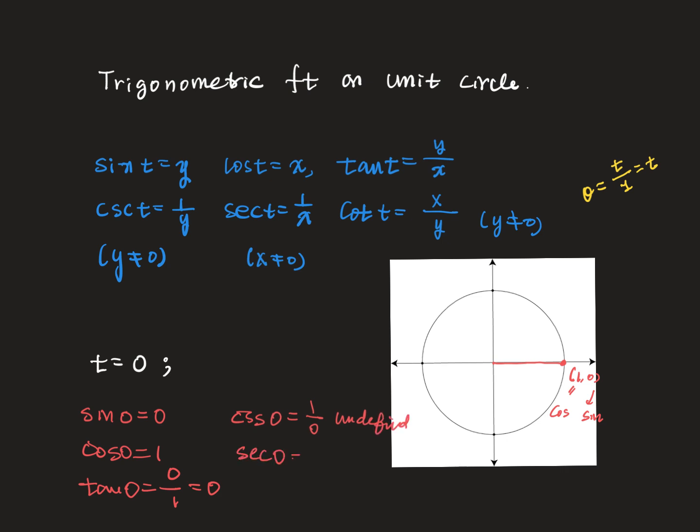Secant 0 is 1 over x, and x is 1, so that's 1. Cotangent 0 is x over y, with x equal to 1 and y equal to 0. The denominator is 0, so this is undefined. Guys, does it make sense? That's how you find the trigonometric functions on the unit circle.